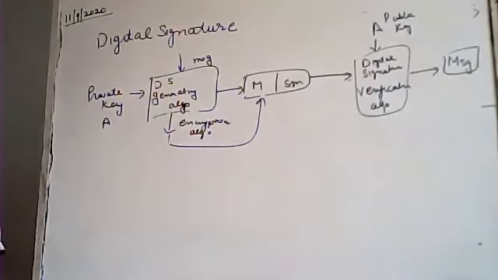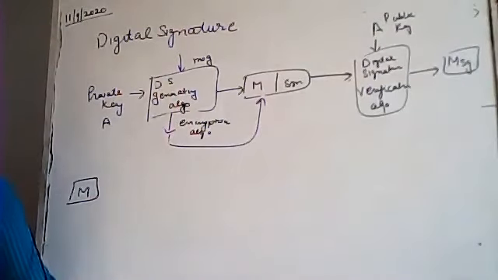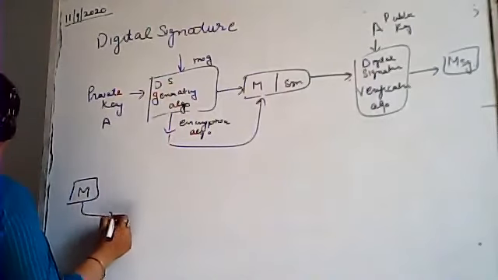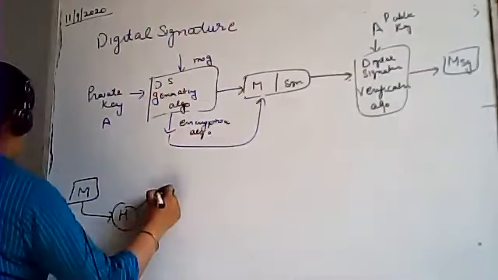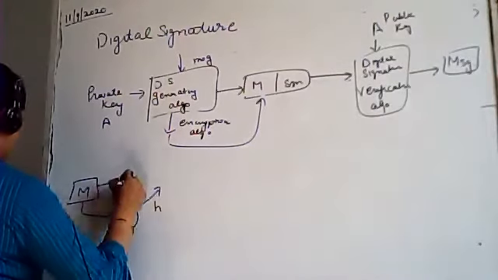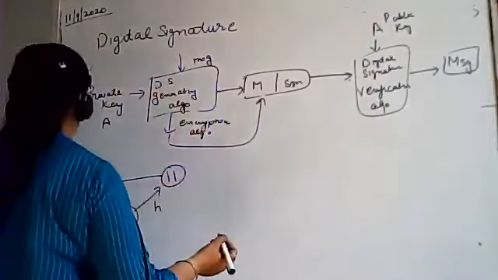Now I can explain this with an example. Let's suppose this is the message. Now we can use some hash function over here, and we will get the hash value. So any type of data is there.